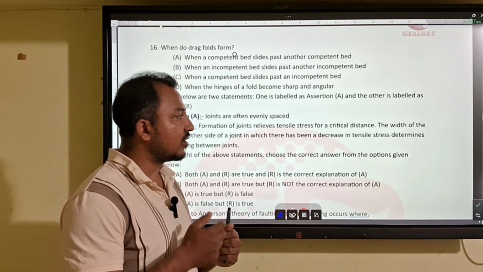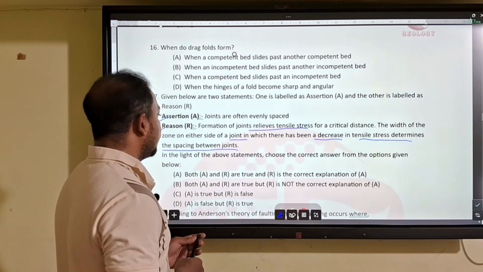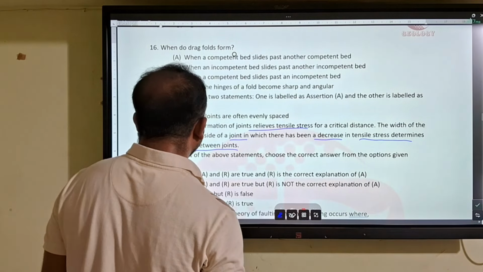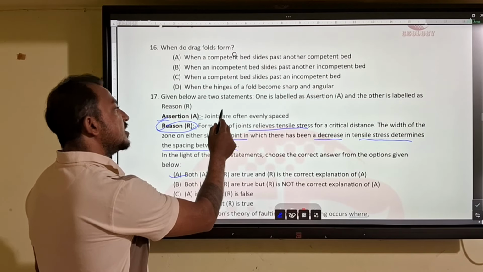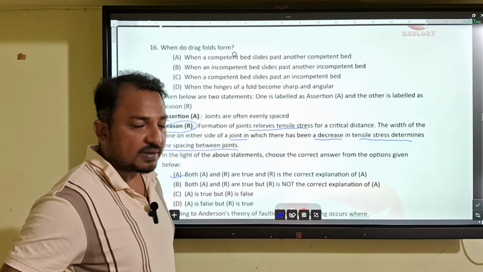The width of the zone on either side of the joint in which there has been a decrease in tensile stress determines the spacing between the joints. So the amount of tensile stress controls whether the joints will be very closely spaced or widely spaced. So both A and R are true, and R is the correct explanation of A. Remember that the spacing of joints depends upon the amount of tensile stress.